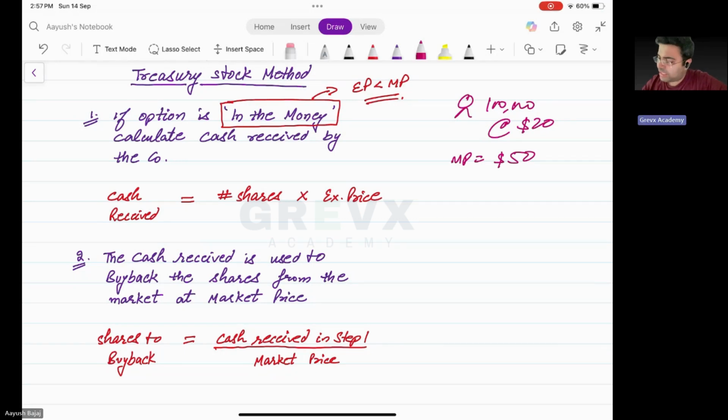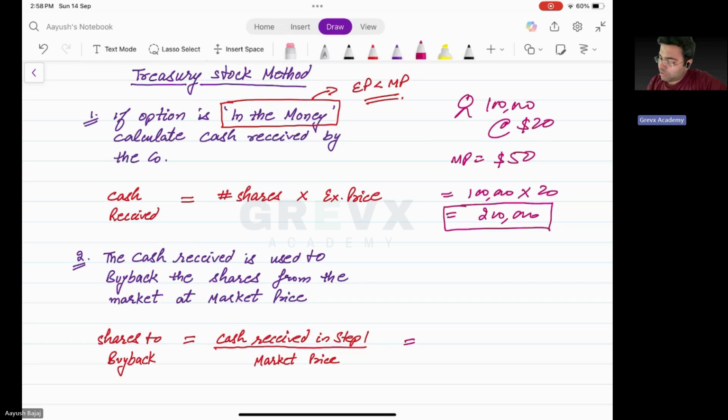Yes. So how much will be the cash received by the company? How much money will the company get? The company will get 100,000 shares multiplied by 20, 2 million. Now the company will use this 2 million to buy back the shares from the market.